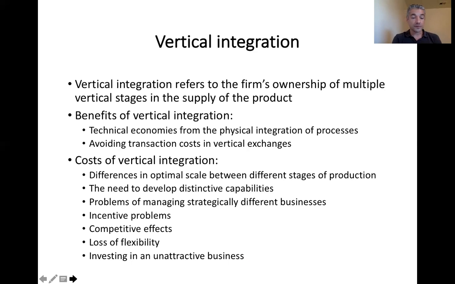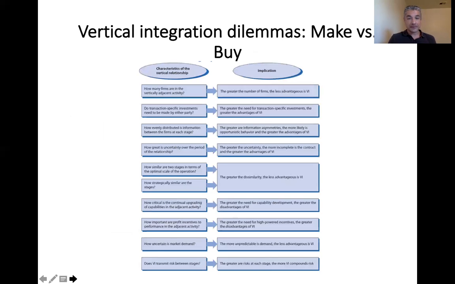You definitely lose your flexibility, and you may accidentally or for whatever reasons invest in an unattractive business, right? The business that maybe operates in an unattractive industry, or the business that, because it's in a different industry, you are not able to assess and evaluate properly, and so you have no idea what you're getting into. So you may end up stuck with a lemon.